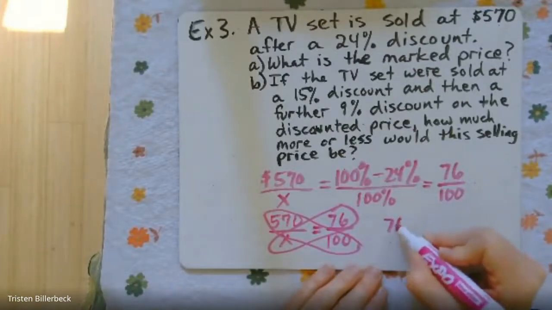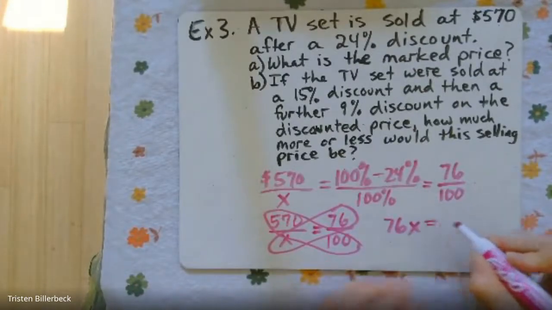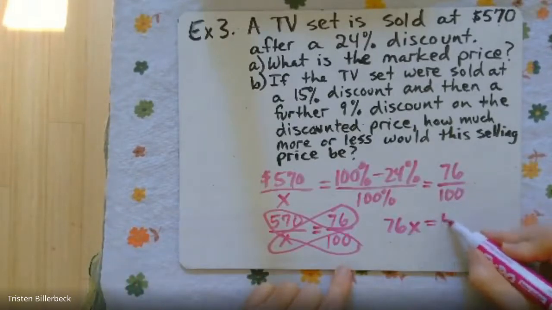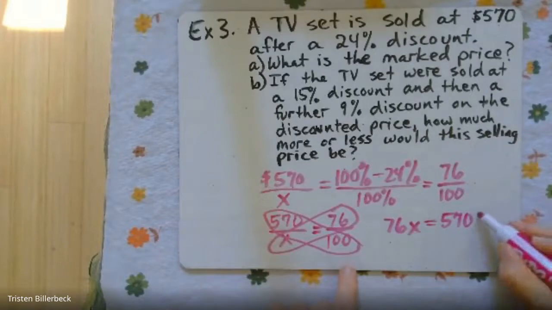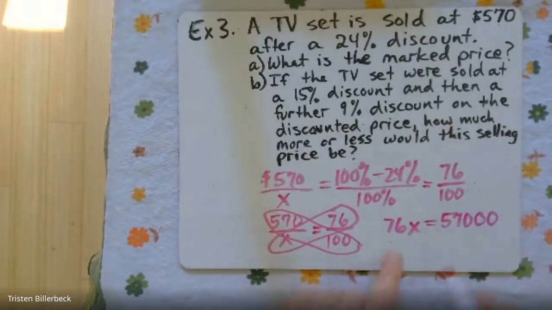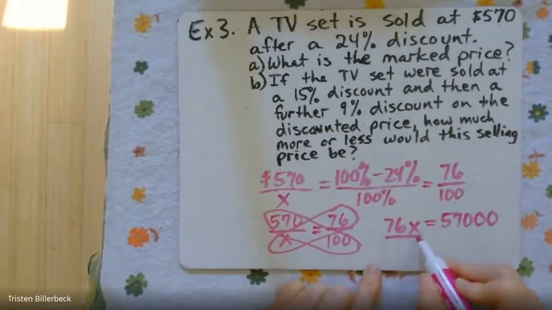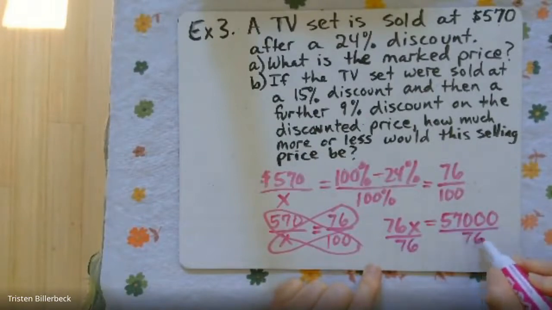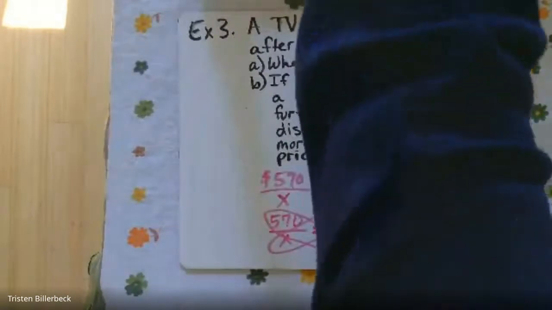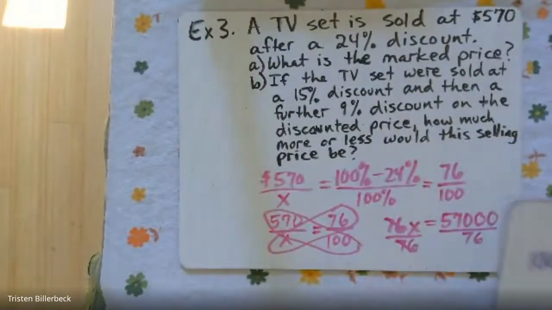So we have 76x equals 570 times 100, so we add 2 more zeros. So I have 76x. I need to remove that 76, so I do the opposite operation by dividing by 76, and that takes it away. All right, clean dry erase board.